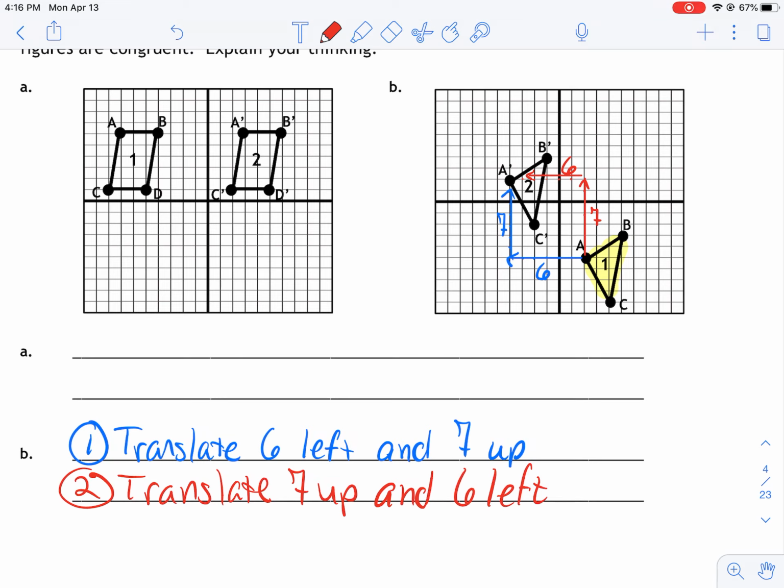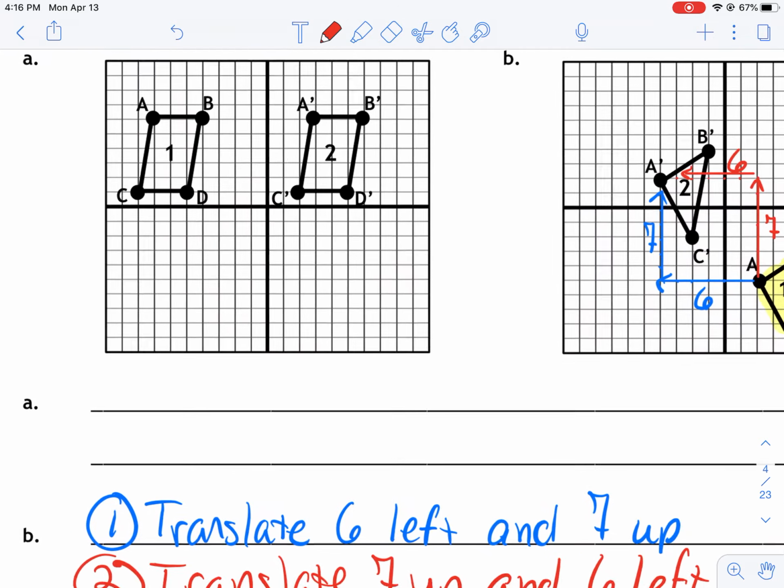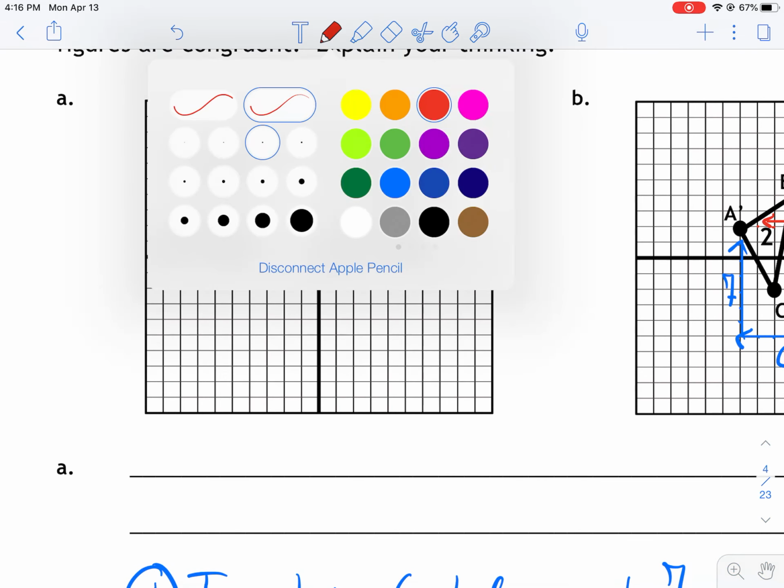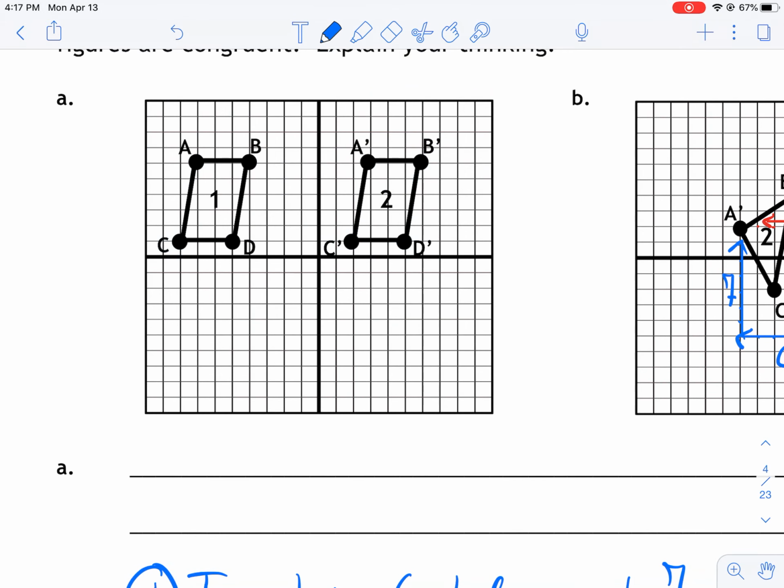Now I'm going to pause and let you try to do problem A on your own. Try to figure out the translation that's applied here to problem A. I'll pause for a second or two and then I'll catch up with you and tell you the answer. Okay, so on problem A, if we're looking at the distance from A to A prime, because we know it's a translation, all the points get translated the same amount.